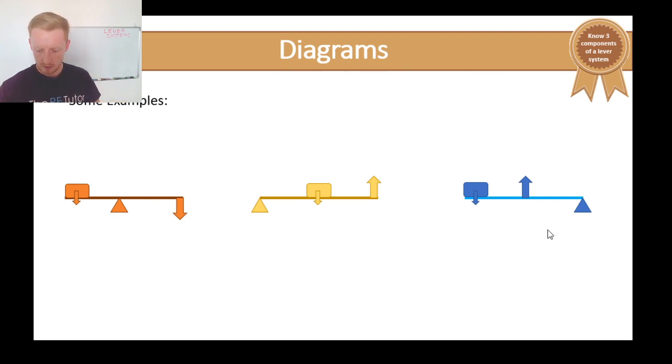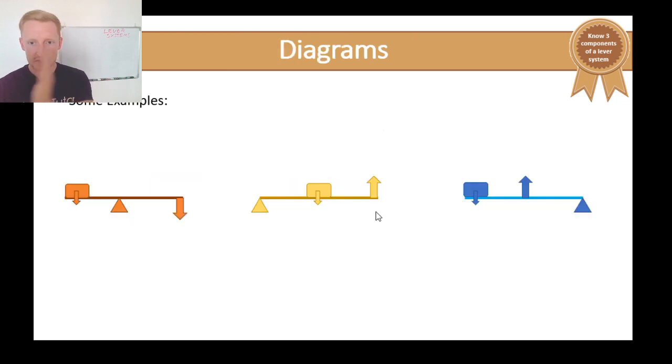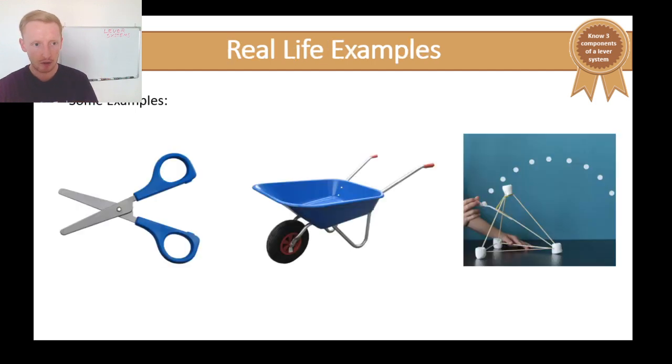And if we think about the scissors, at that central point, there isn't movement happening. It's the rotation point. On the second one across, if we take that triangle again, that pivot point is the point that isn't moving. If we have a look at the wheelbarrow, the wheel on the wheelbarrow isn't moving either.